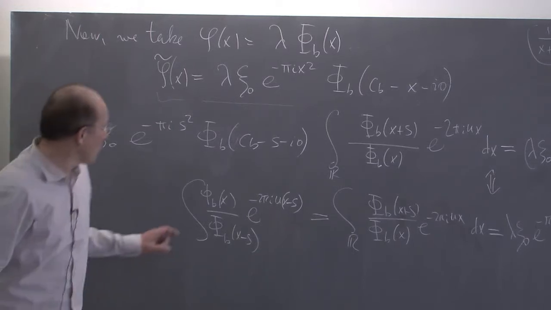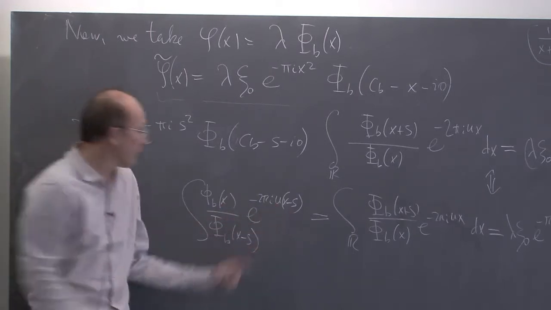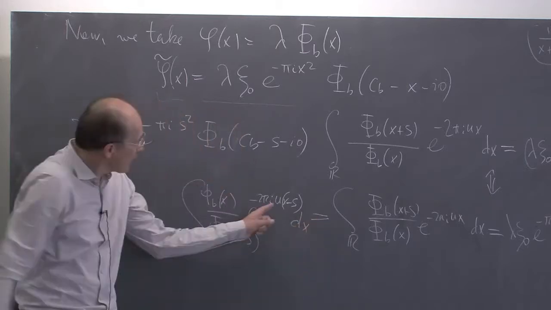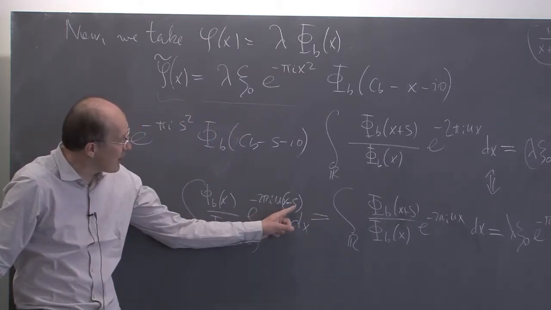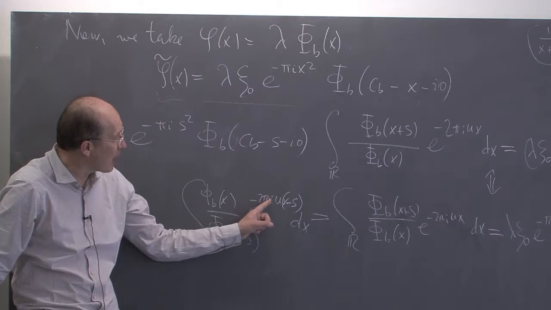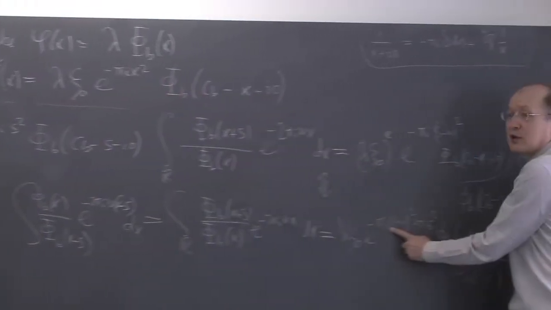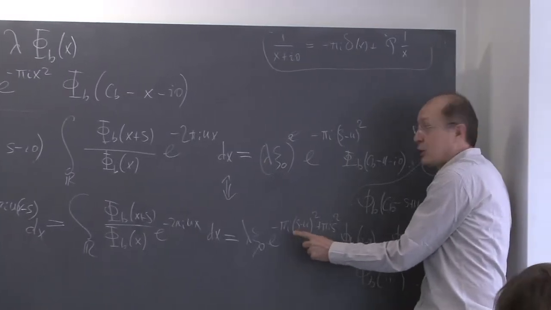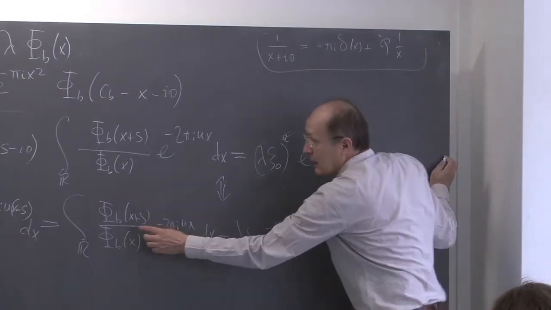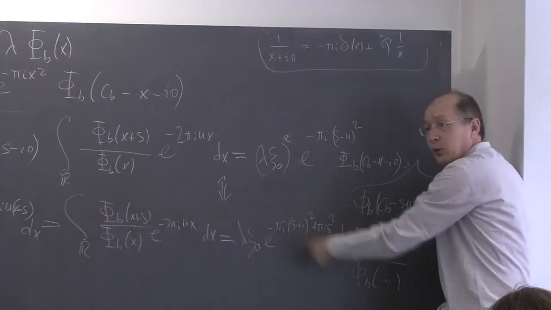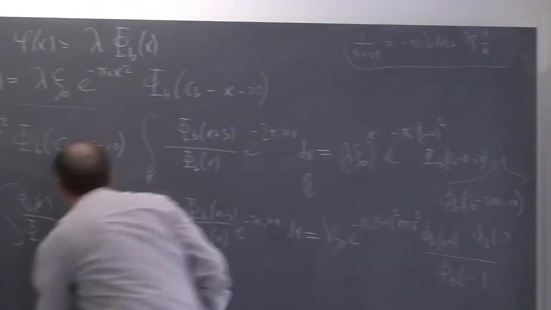And now look what happens. So here we get dx. Here we get the term which mixes u and s, right, with plus sign, 2 pi i u s. And the same mixed term shows up in the right-hand side. So we can divide by this mixed term, and we will simplify simultaneously the right-hand side.